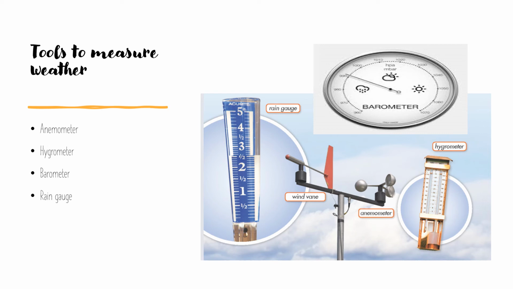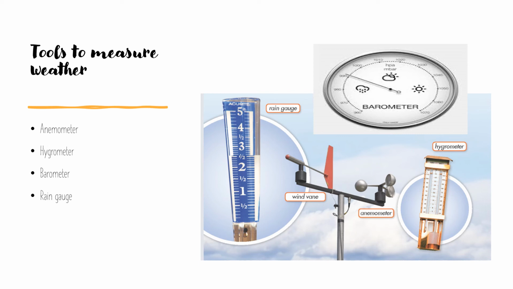Next is the hygrometer. This hygrometer tells us how much water vapor is present in the air. The amount of water vapor in the air is called humidity, right? So hygrometer actually measures the amount of water vapor. Why is it necessary? It is related with the rain and all the things, and how wet the weather is or not.